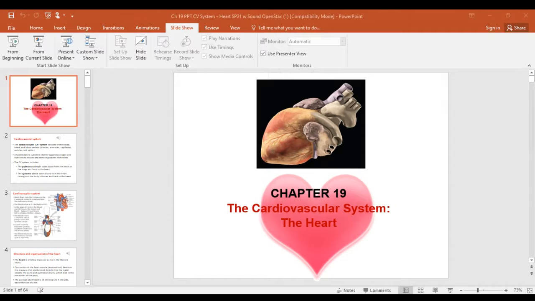A couple other terms, tachycardia and bradycardia, not on here, but maybe they should be. Tachycardia means heartbeats too fast.